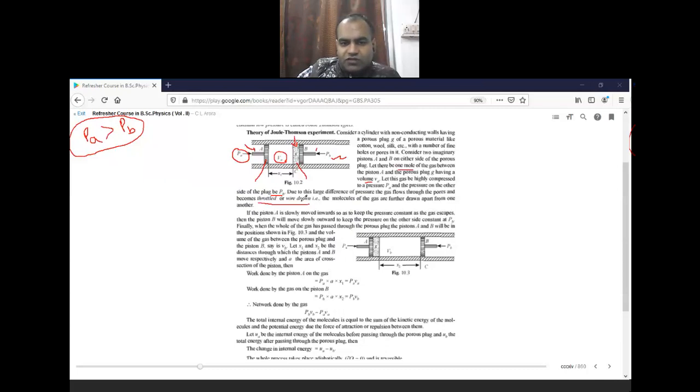Due to the large difference of pressure, the gas flows through the pores and becomes throttled. This thing we have already done earlier, I'm just trying to do it again.